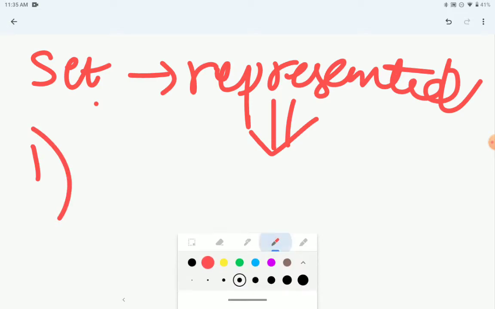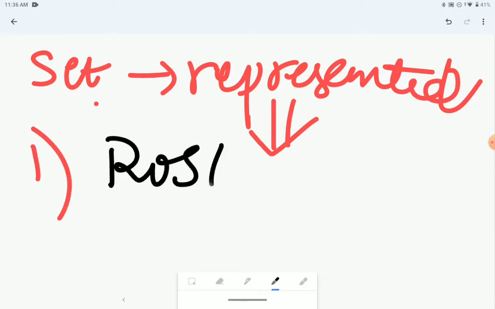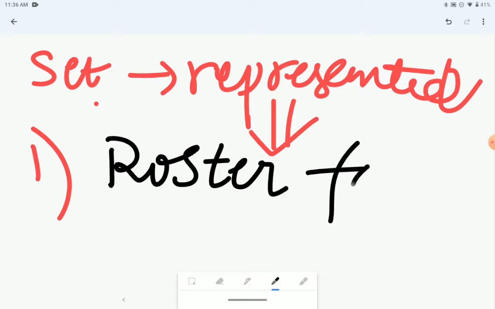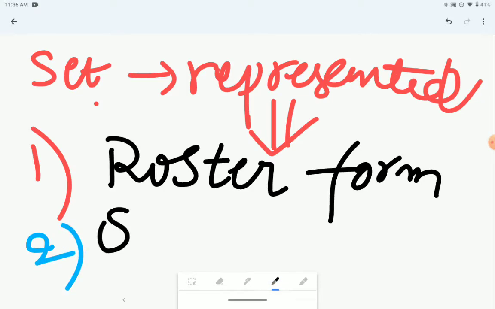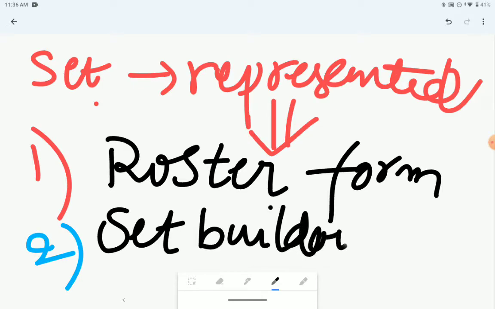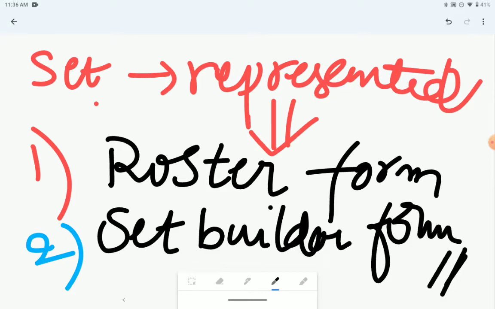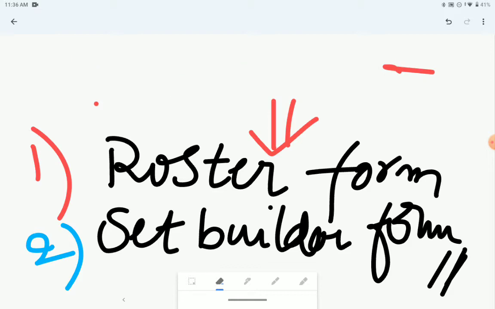The first one is roster form, and the second one is set builder form. These are the two types of how a set can be represented. Let's learn these first.